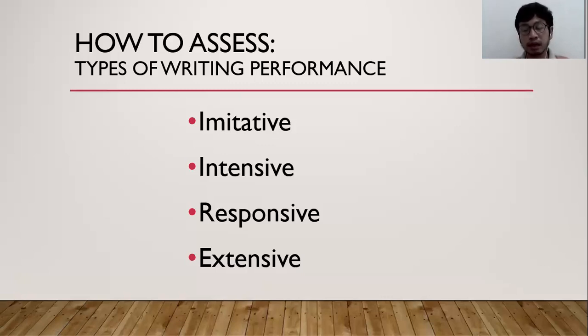And the test takers might also include processes like perhaps drafting and then editing and also revising, right, when they produce that final product of writing. And that is considered as extensive task. So it's the final product. It's a continuation of the responsive task.